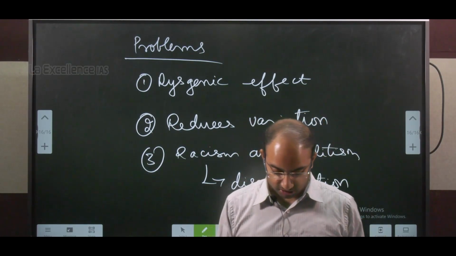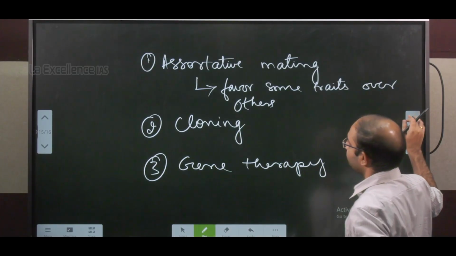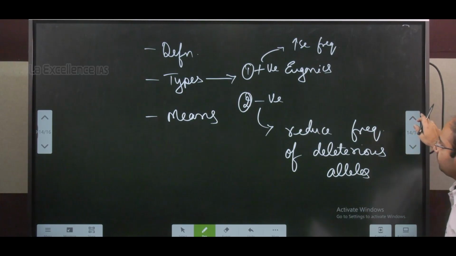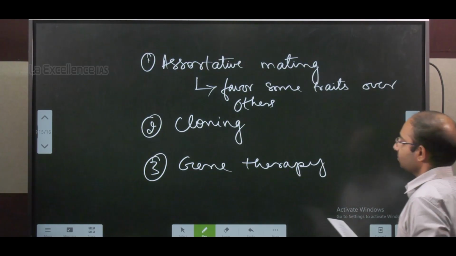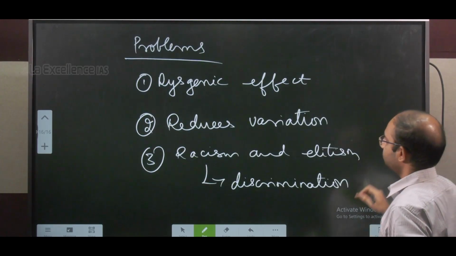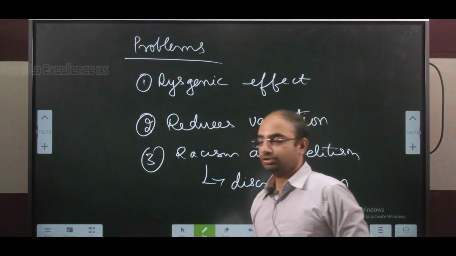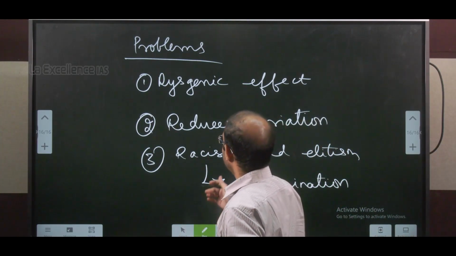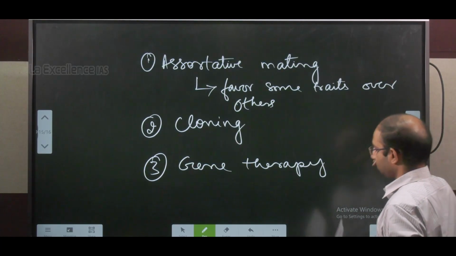So that is how eugenics is a problematic process. So discuss the definition, the types, positive and negative, the means of doing it, that is assortative mating, cloning, gene therapy, and then the different problems associated with eugenics, that is dysgenic effect, reducing variation, and then discrimination and elitism.